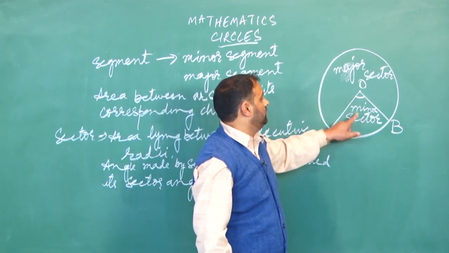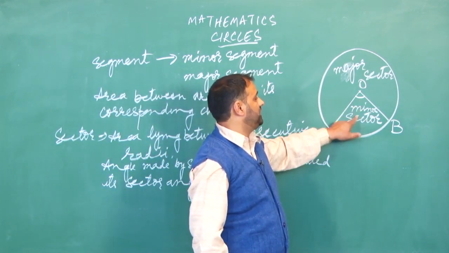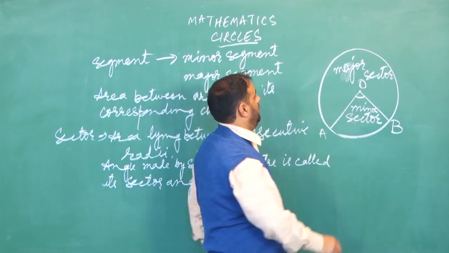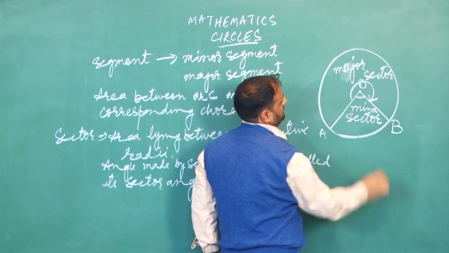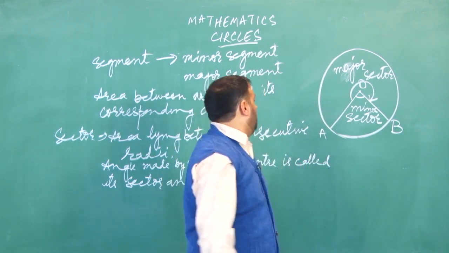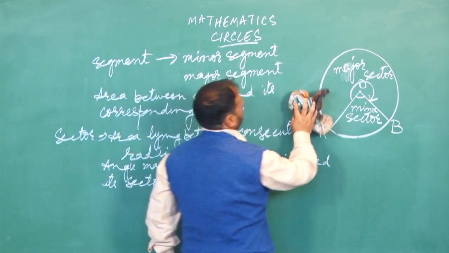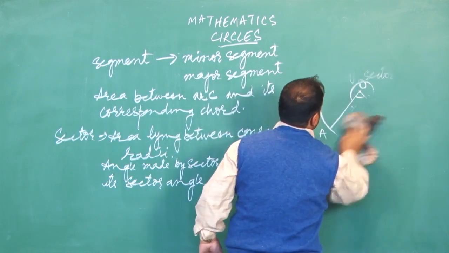So the angle carried by a minor sector is an acute angle, and the angle carried at the center by a major sector is a reflex angle. These are some of the points that we should know about the sector.